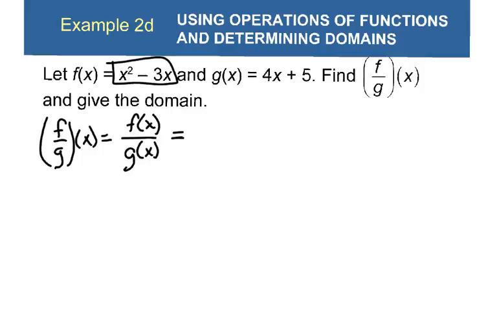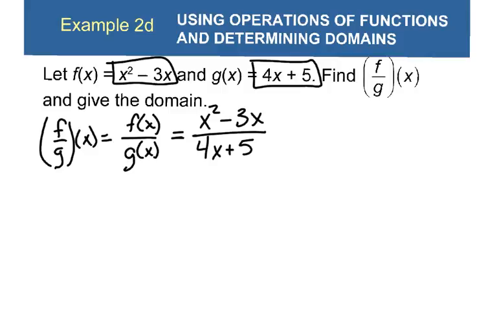So plug this in for f of x, plug this in for g of x, and try to simplify as much as you can, but if you can't, there you go. Ta-da, that is what we get for f divided by g of x.